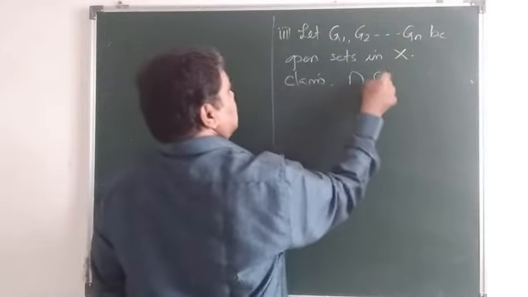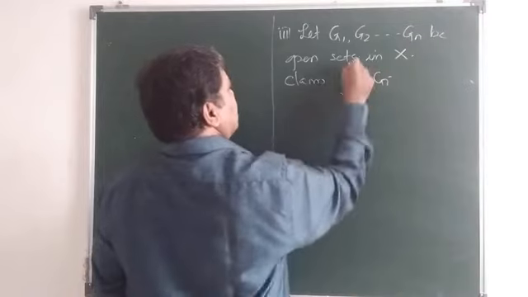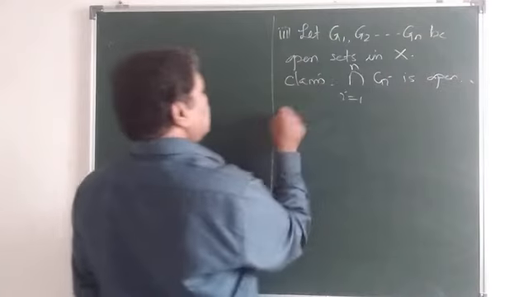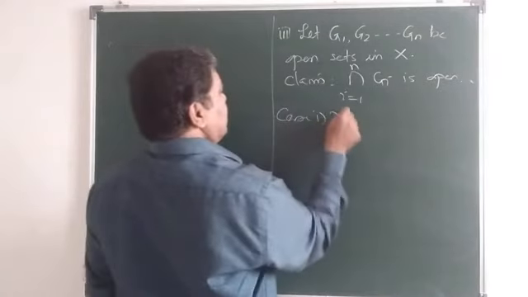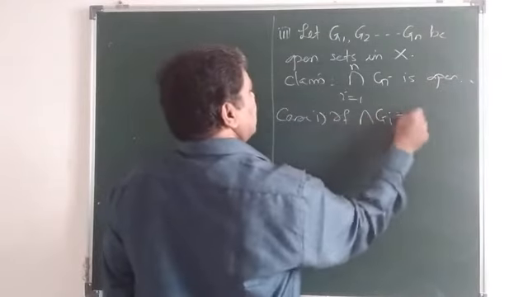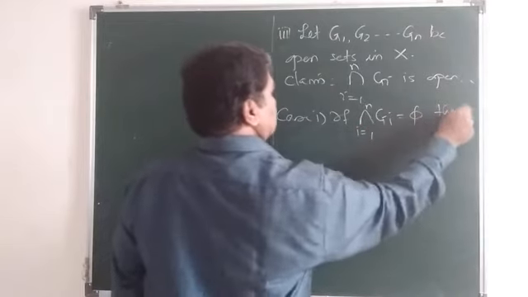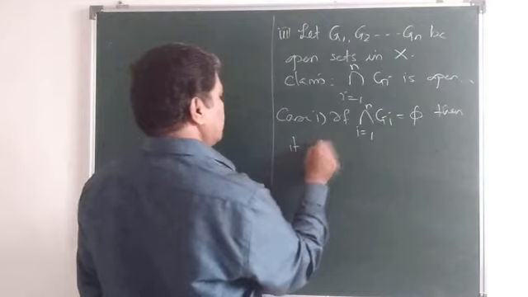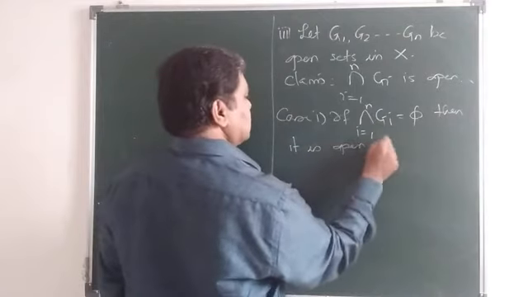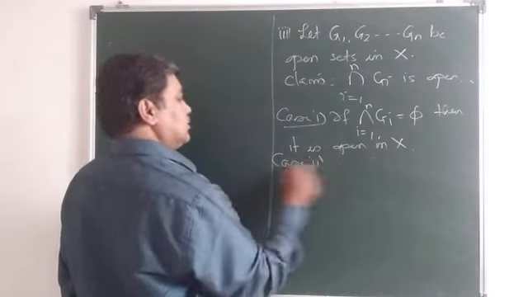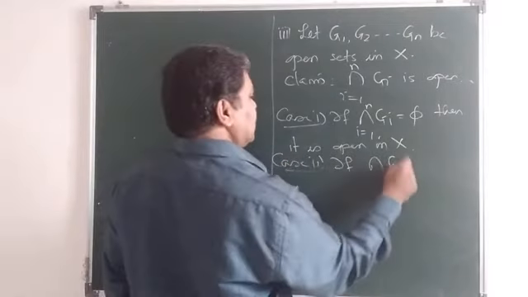The intersection of Gi, i equal to 1 to n, is open. Case 1, if the intersection of Gi is equal to phi, then it is open in X.